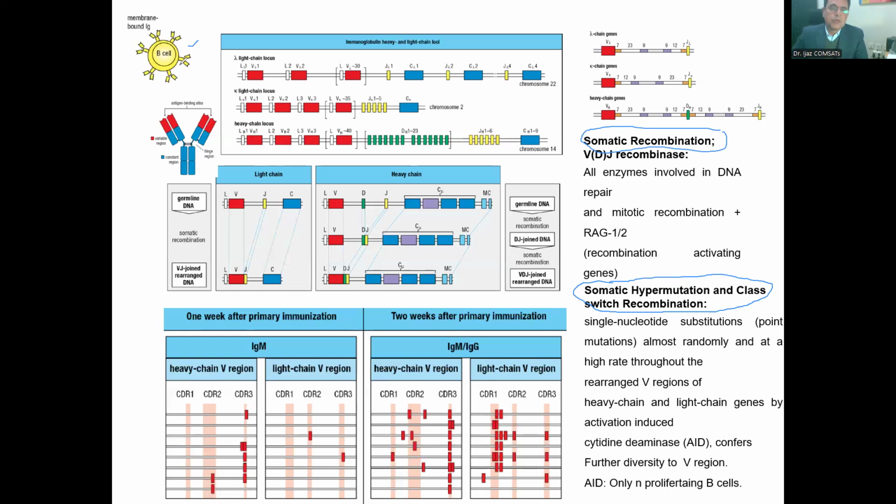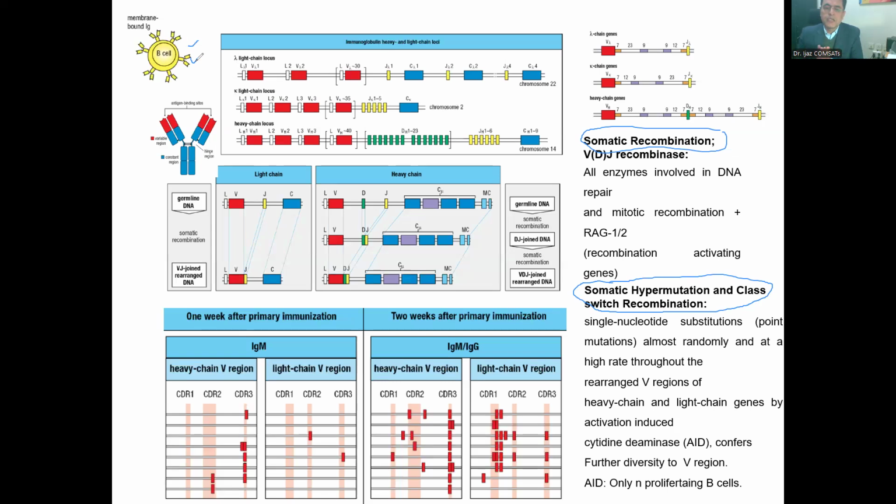So inside the bone marrow, when the B cell development is taking place, there happens a rearrangement of the genes that are responsible for coding these proteins, the membrane immunoglobulins or the B cell receptors.